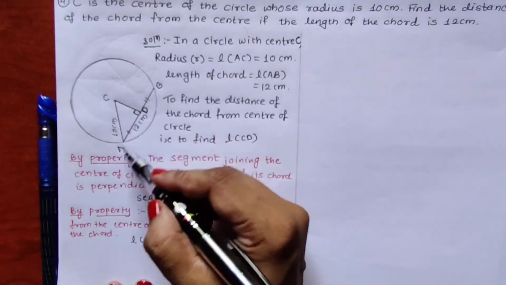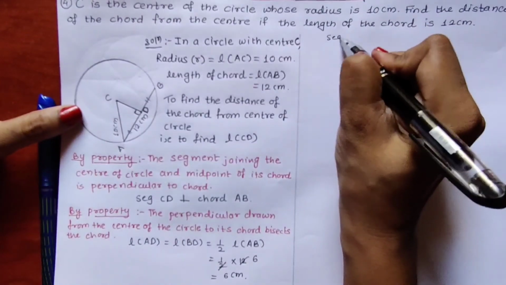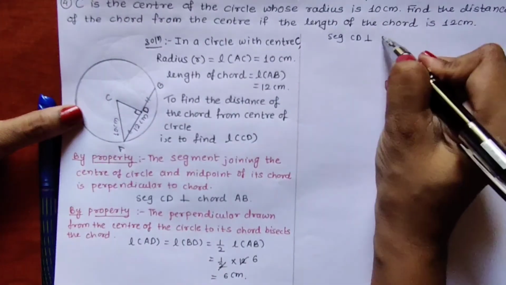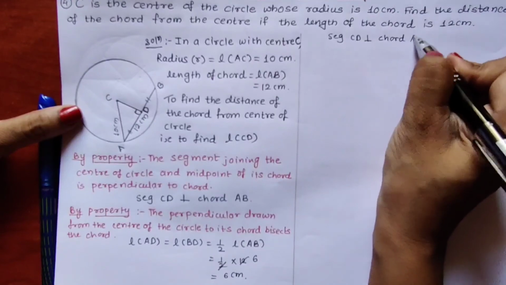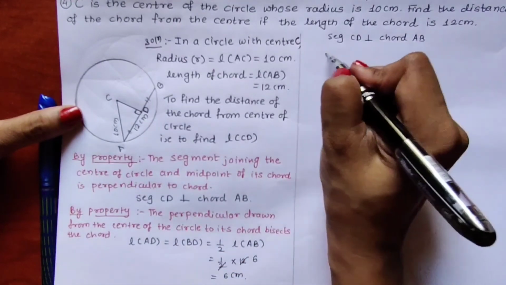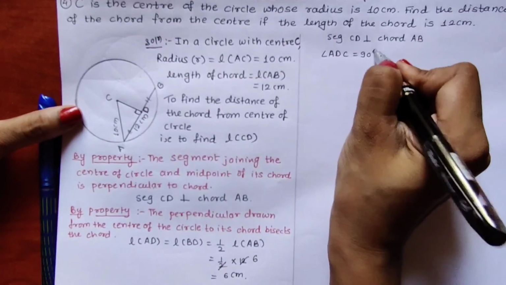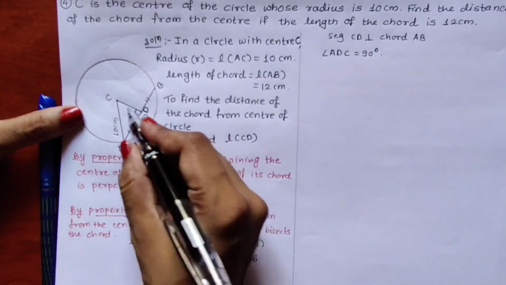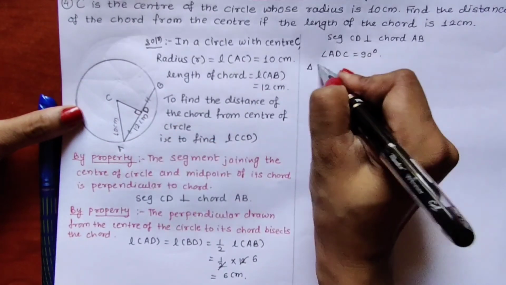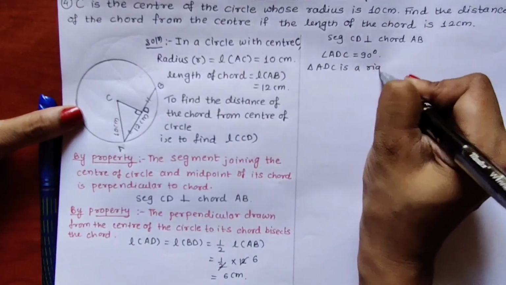Now CD is perpendicular to chord AB, that means angle ADC is equal to 90 degree. Therefore triangle ADC is a right angled triangle.